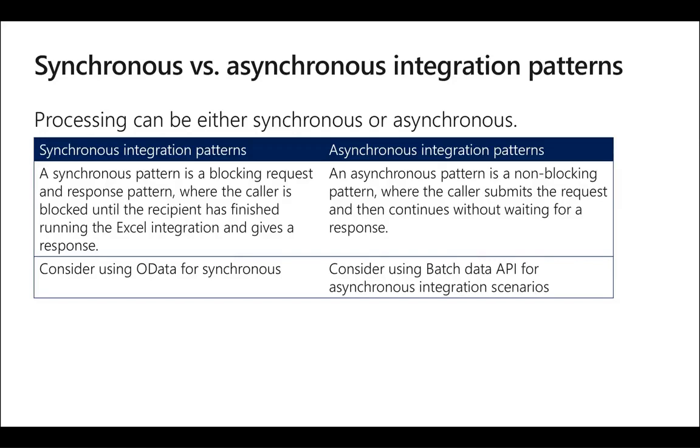An asynchronous pattern is a non-blocking pattern, where the caller submits the request and then continues without waiting for a response. Usually, we can consider using OData as synchronous and the batch data API for asynchronous integration scenarios.